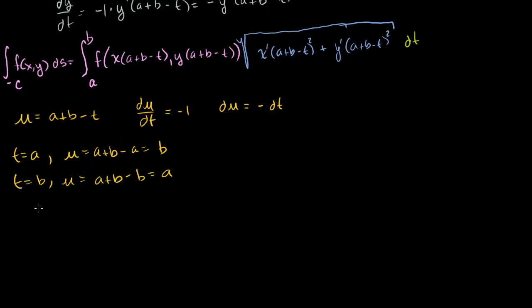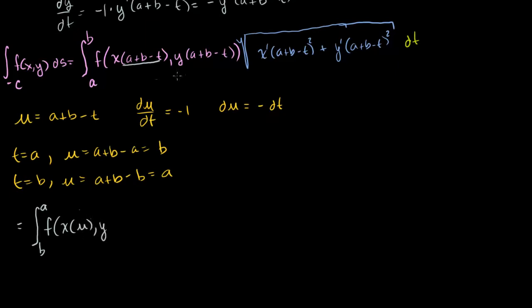So this integral is going to be the same thing as the integral from, when t is a, u is b, when t is b, u is a. And f of x of this thing right here is just u, x of u. So it's simplified a good bit.